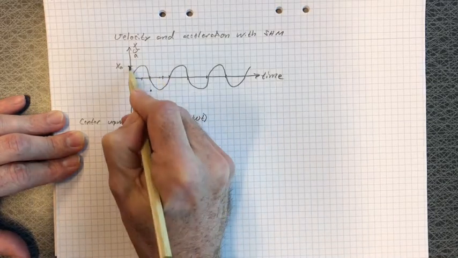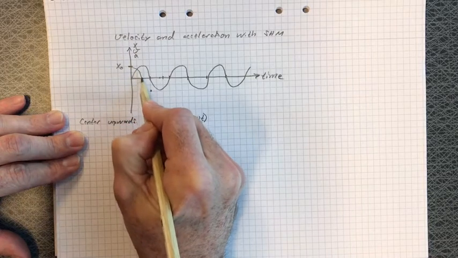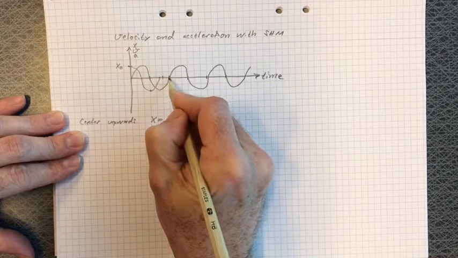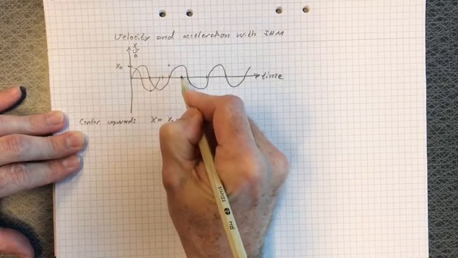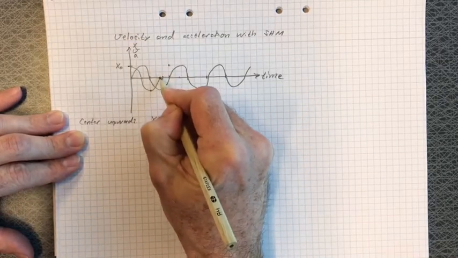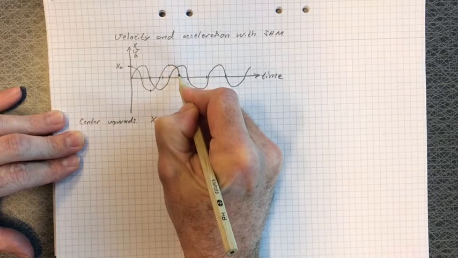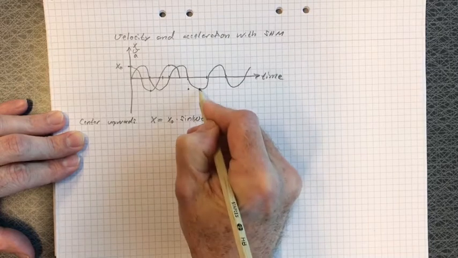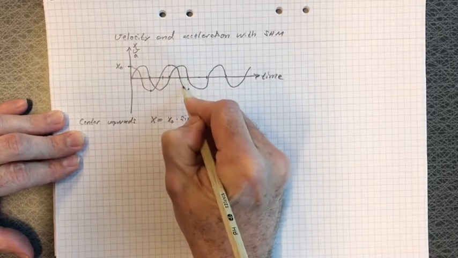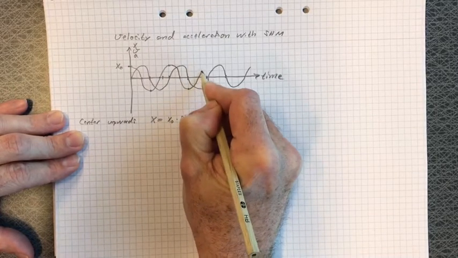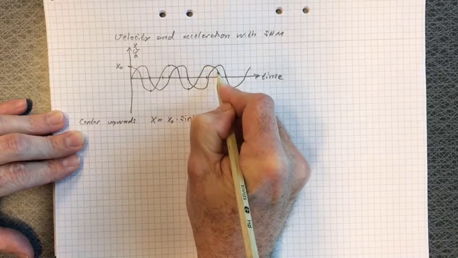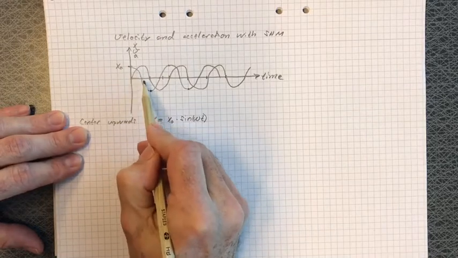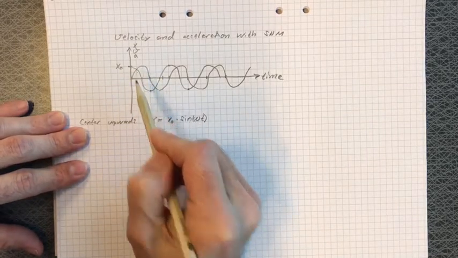So we are here. You see, we can connect these points with a line. Highest velocity, it stands still. The lowest velocity, and here it stands still again. So I connected these dots and it's the same sine curve. But this curve is the differentiated curve of the sine curve.